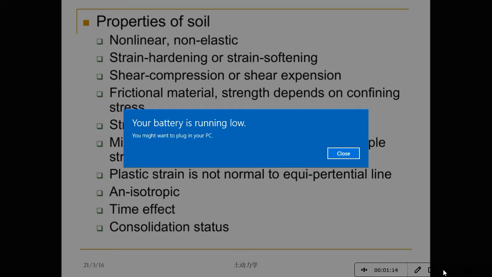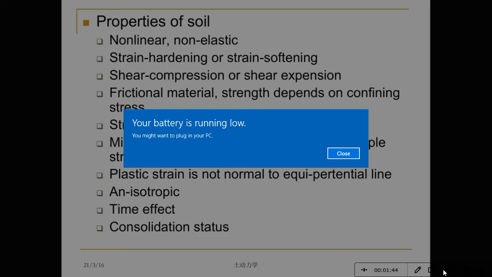And this soil in its history experienced a higher consolidation pressure. Then we define it as over-consolidated soil. We know that the behavior of over-consolidated soil is totally different from the behavior of normally consolidated soil.